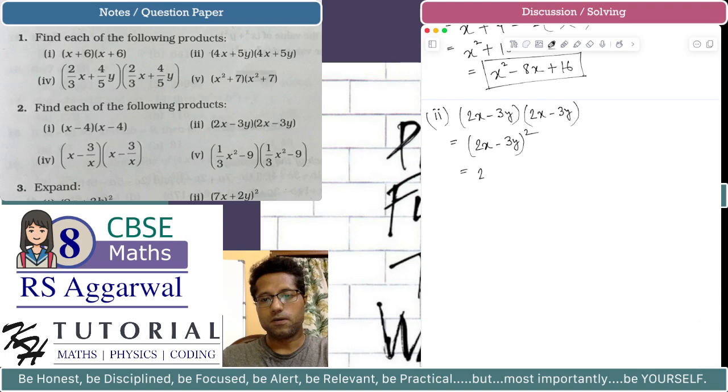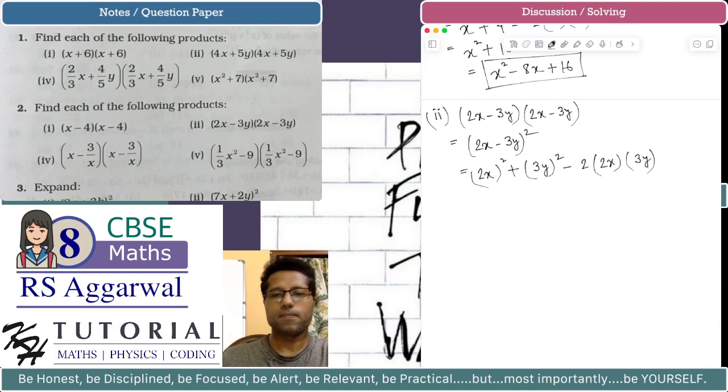So a square plus b square minus twice a multiplied by b. So this is equal to 4x square plus 9y square minus 12xy.